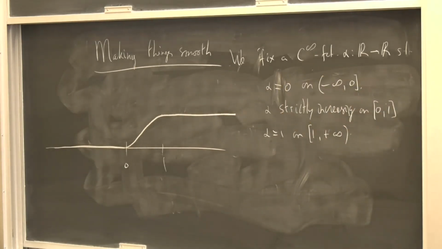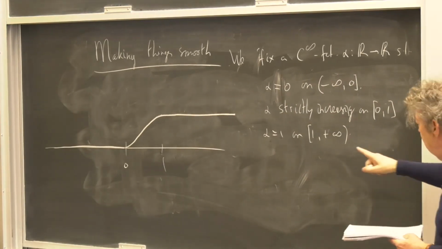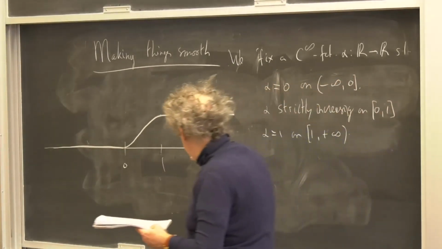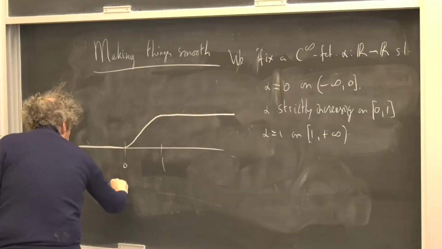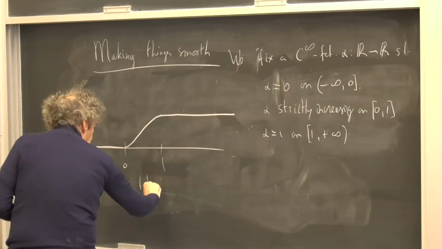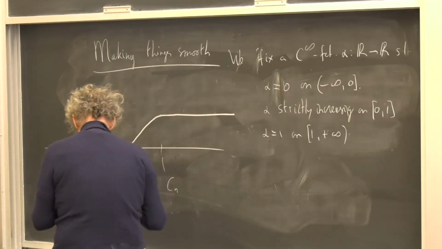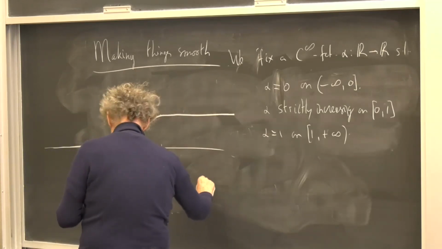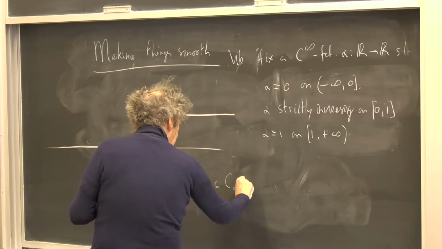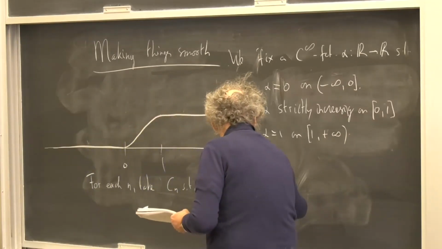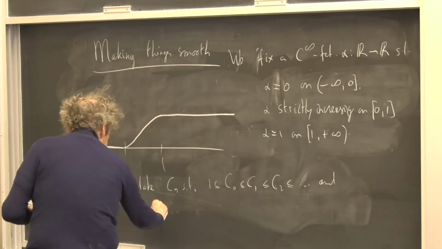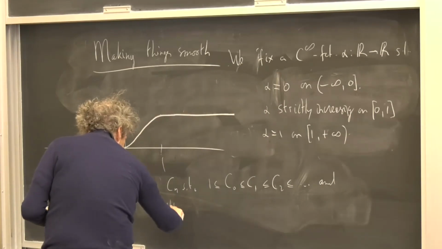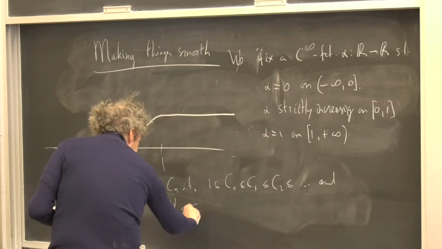It will be useful to fix bounds on the derivatives of alpha for each n: a constant Cn, it doesn't really matter how big that is, and I'm going to assume that they are increasing in size, such that the nth derivative of alpha is less than or equal to Cn everywhere.